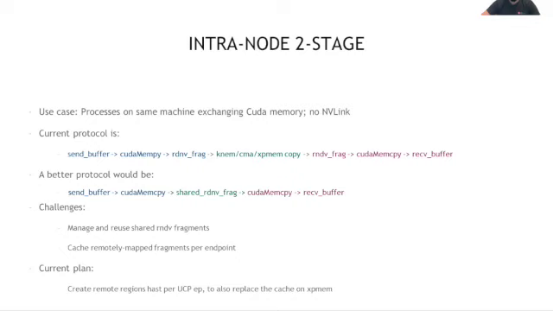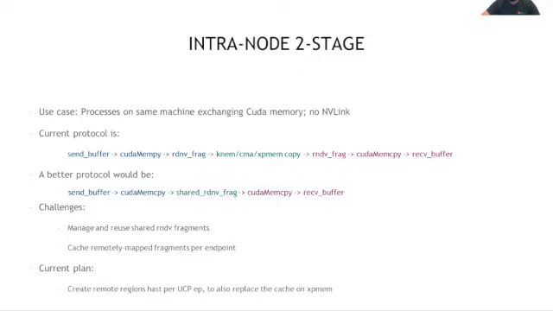But obviously we have a few issues with that. So we need to somehow manage and reuse the shared rendezvous fragments, because the actual cost of mapping some shared fragment that you get from the sender is not very small.